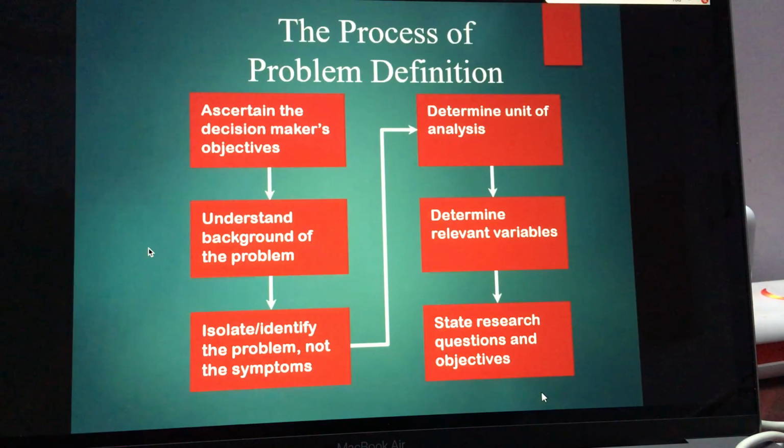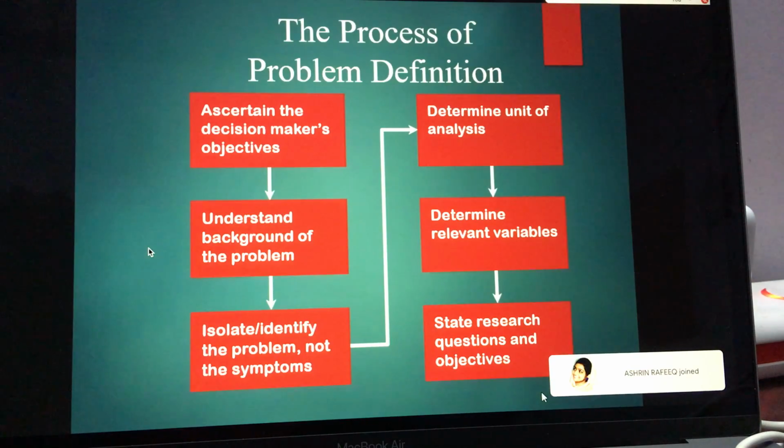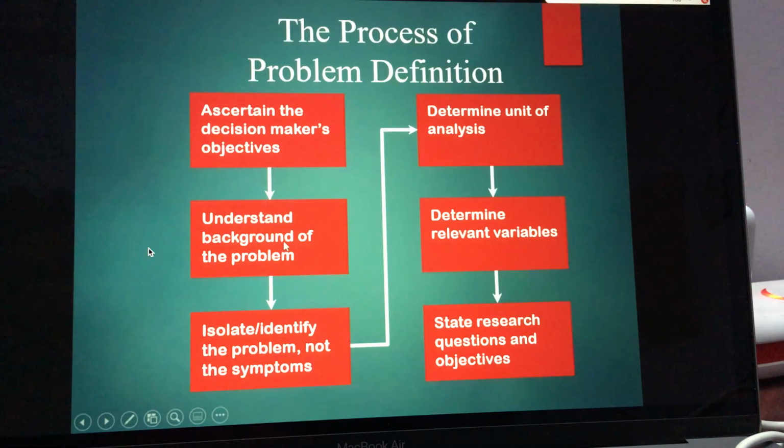So the first job of that person is to understand why I am trying to do this, right? What is my objective as a decision maker? Okay, now അതാണ് ഒരു കാര്യം, right? Now let's say this person is coming in to me. What he should do is understand the background of the problem.